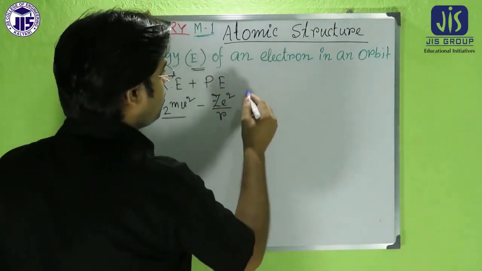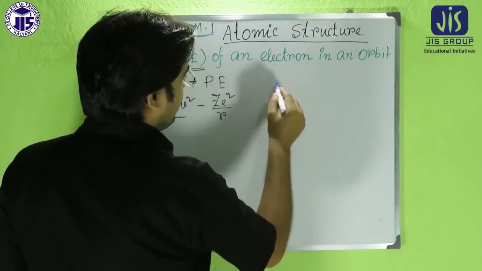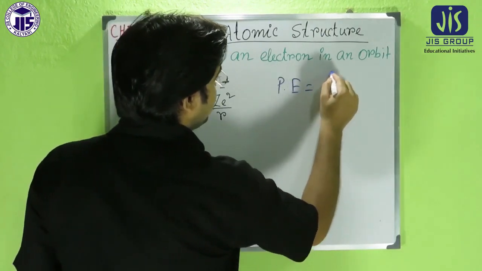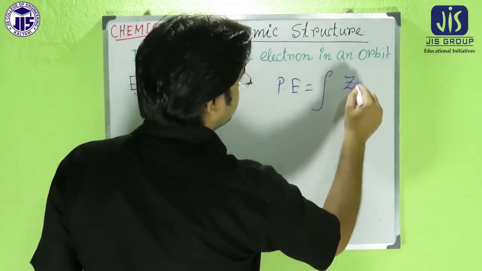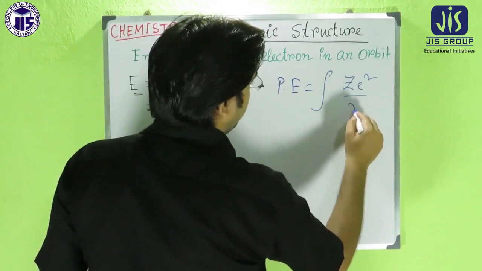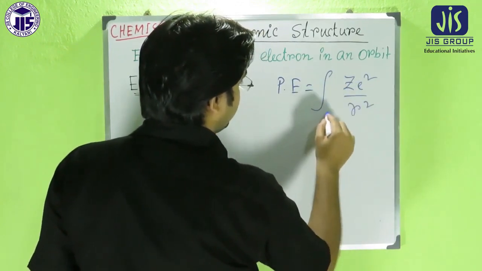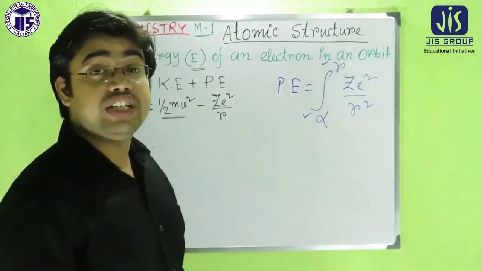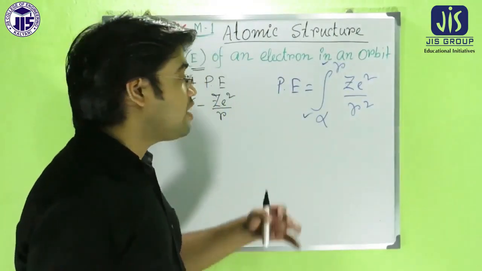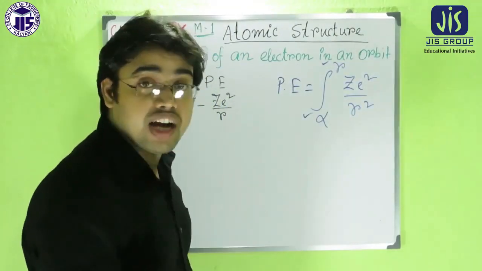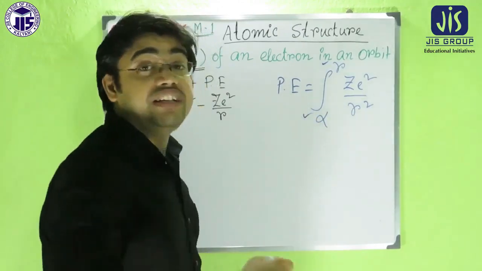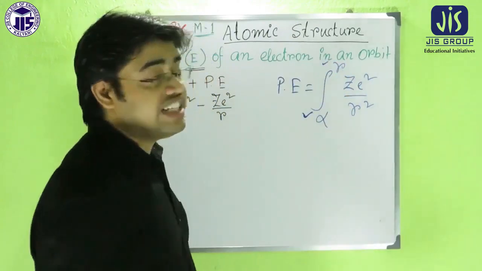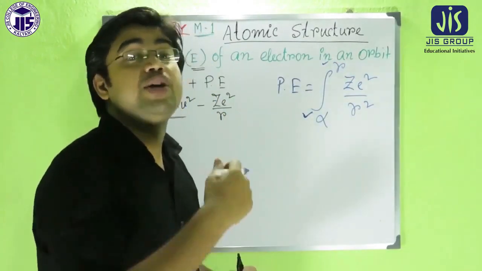It is the integration of Z e square by R square from infinity to R. That means potential energy can be determined as the work done to bring the electron from infinite distance to a distance R from the nucleus.